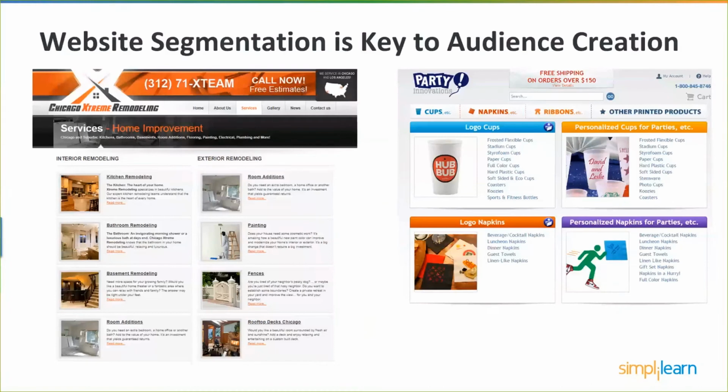So the question then is, how do we segment our websites to determine what list to use? It's easy to start with visitors, abandoners, converters. But sometimes you want to be more specific. So in this case, this remodeling company based in Chicago, a home service company, because almost all websites are homepage, category, product, form fill, checkout.